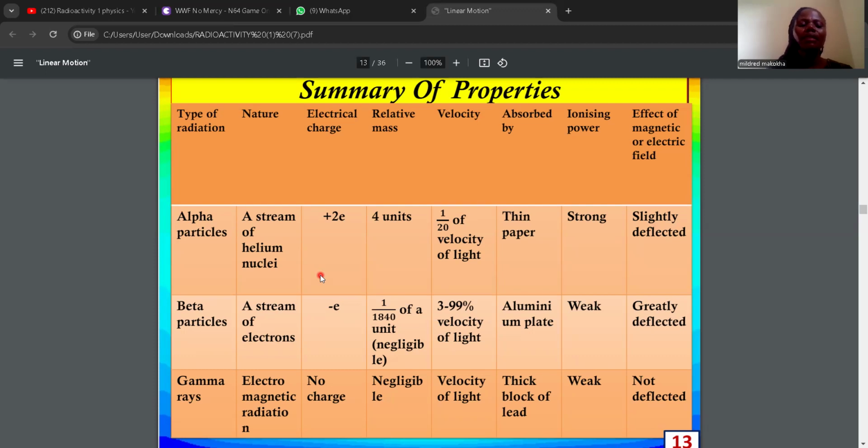Then the gamma rays, these are just electromagnetic radiations. They have no charge. The relative mass is negligible. They travel at the velocity of light. They can be stopped by a thick block of lead. And then the ionization power, the weakest. And then they are not deflected. And of course, I've already talked about the deflection.